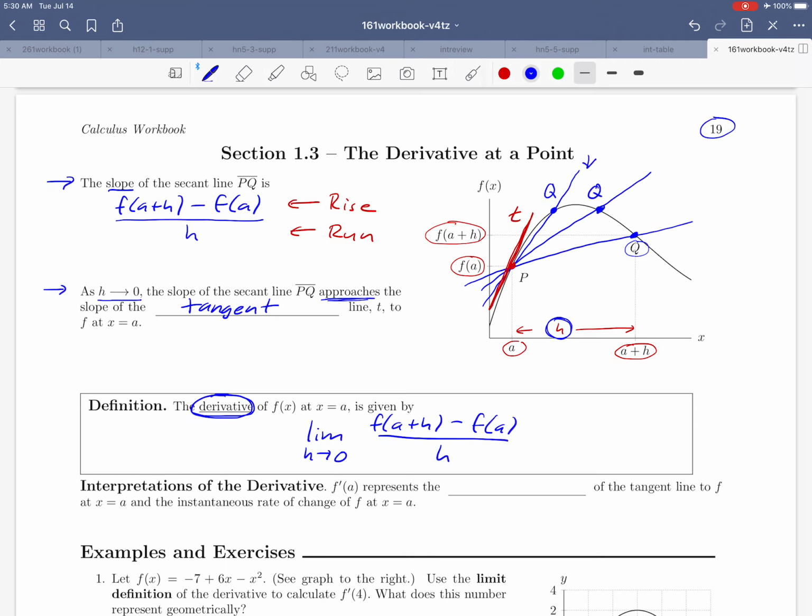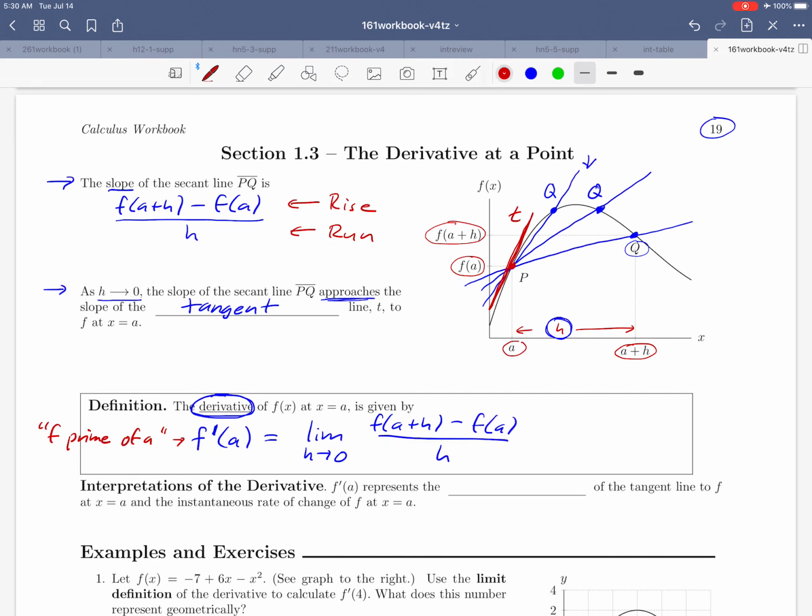Because this comes up so often, we have special notation for the derivative. Our shorthand way of writing it is going to be f prime of a. That little apostrophe thing that I wrote there, we read that prime. I'm going to write the words over here. F prime of a. It's just a shorthand way of describing the derivative.